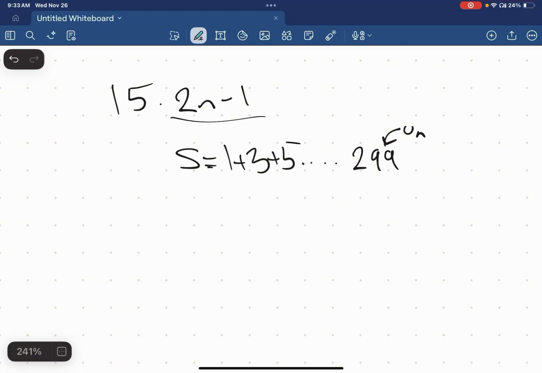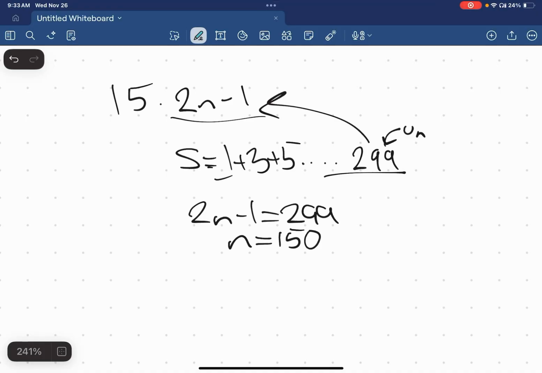And to find out how many terms are in this, we're just going to plug this in here. So 2n minus 1 is equal to 299. So that means there's going to be 150 terms, or 150 odd numbers between 1 and 300.